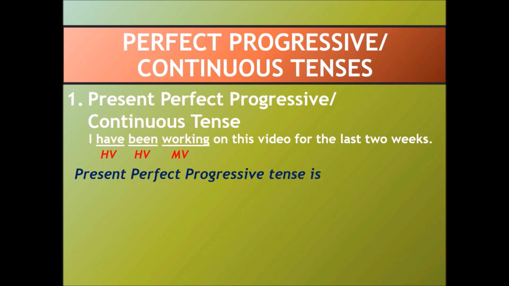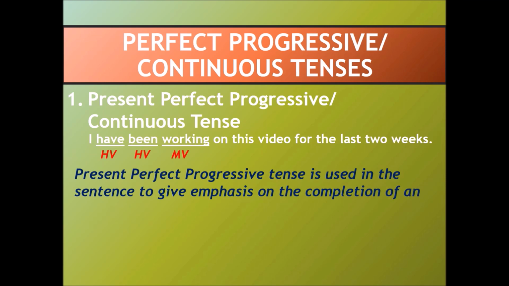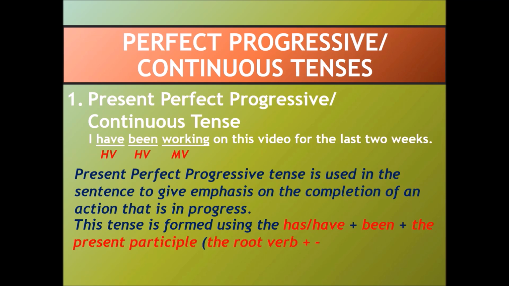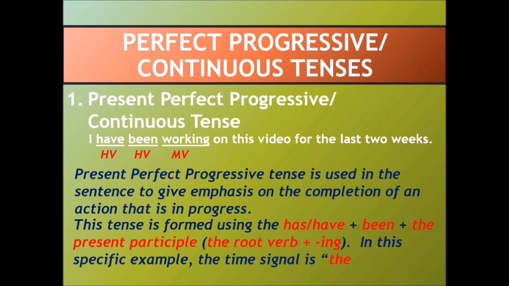Present perfect progressive tense is used in the sentence to give emphasis on the completion of an action that is in progress. This tense is formed using has or have plus been plus the present participle, or the root verb plus ing form. In this specific example, the time signal is the last 2 weeks.